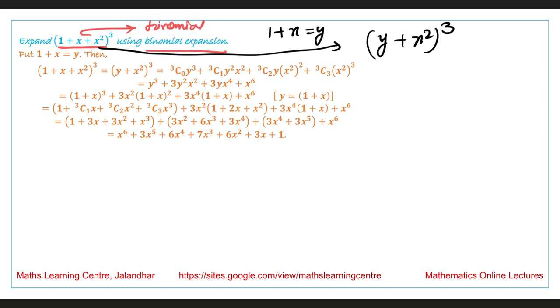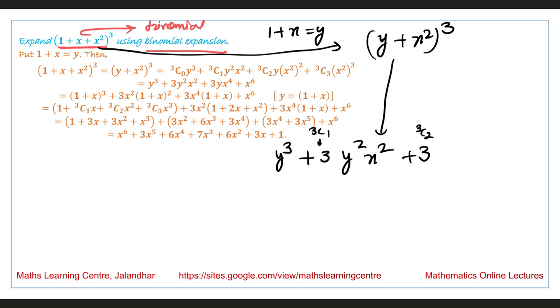Now when we open this term using the binomial expansion, we will have y^3, it is 3c0 which is 1, plus 3 times y^2 times x^2, plus 3 times y times (x^2)^2, this is 3c1, this is 3c2, and the last term we have is (x^2)^3.